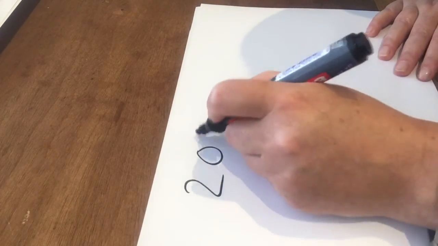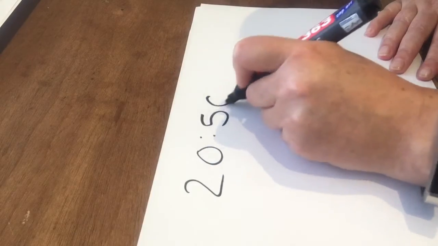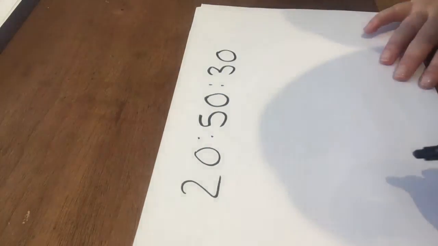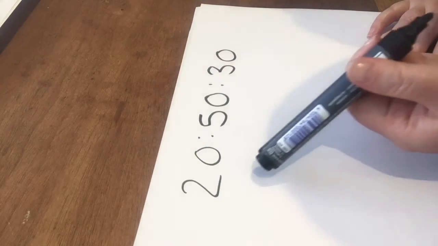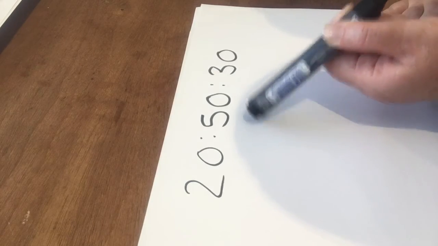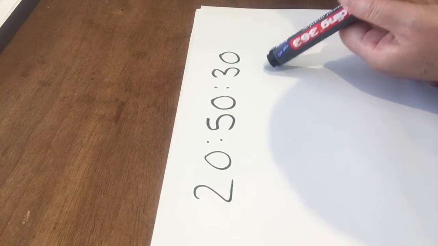Let's have 20 to 50 to 30. So again, this is my ratio, 20 to 50 to 30. I've got 20 parts to 50 parts to 30 parts. I'm looking for the common factor that will go into all these numbers.